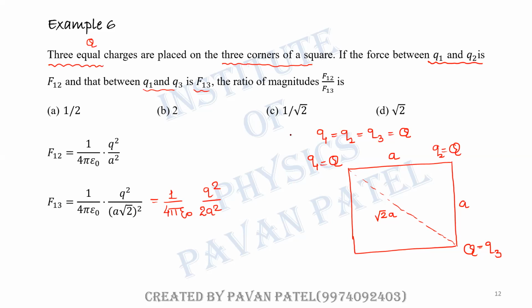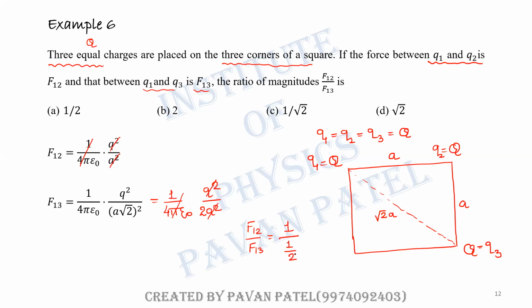Okay, now we take the ratio F12 divided by F13. If we take the ratio of these two, 1 upon 4 pi epsilon 0 will be cancelled, Q square will be cancelled, and a square will be cancelled. So F12 becomes 1, and F13 becomes 1 by 2.